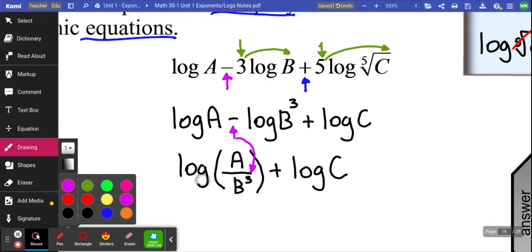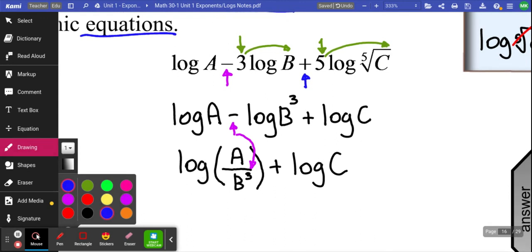Now I have multiplication. Adding logs together becomes multiplication of the arguments. When you multiply something by a fraction, it just goes to the top of the fraction. You would have learned in grade 8, top goes to top, bottom goes to bottom when you're multiplying. So this is like A divided by B cubed, times C divided by 1.